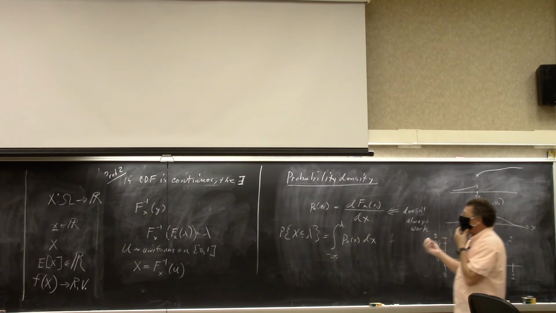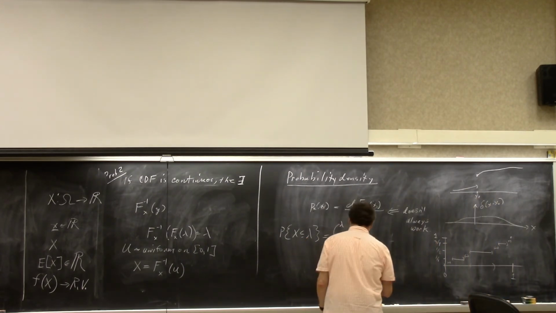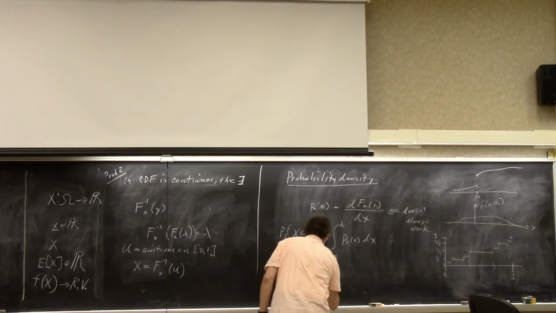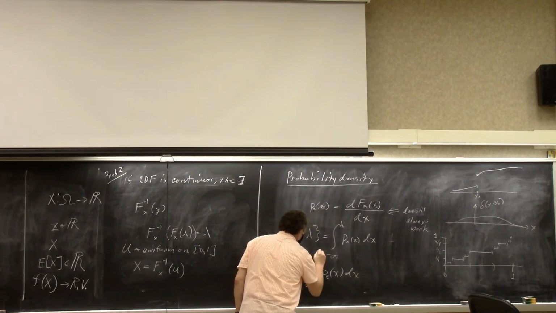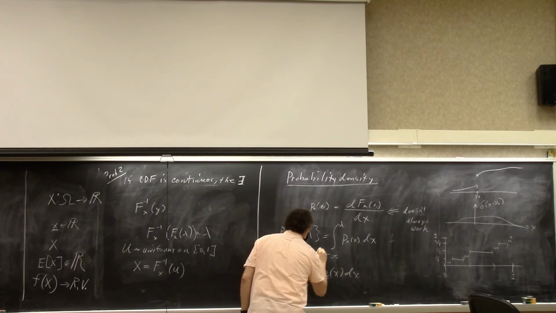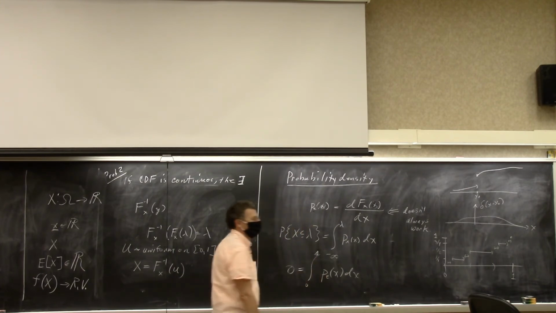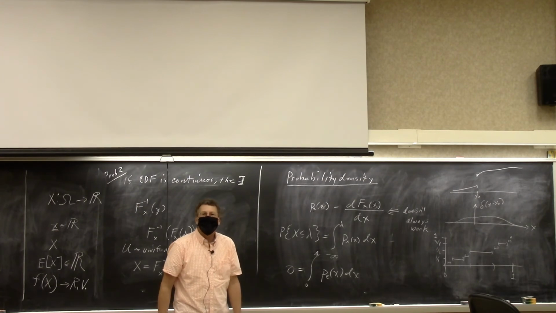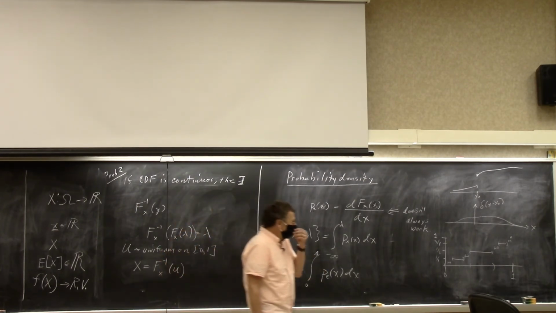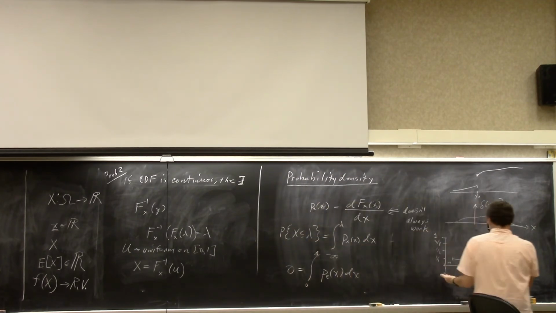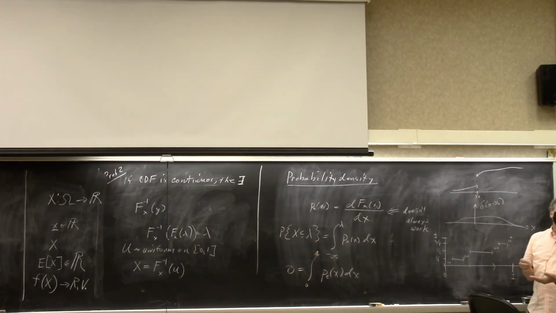For this Cantor function, the integral of p of x dx over any interval, so from 0 to 1, equals 0. Yet it's a legitimate probability distribution. So with probability 1, the random variable takes a value between 0 and 1, but its probability density is 0.